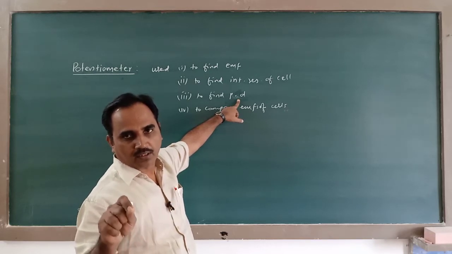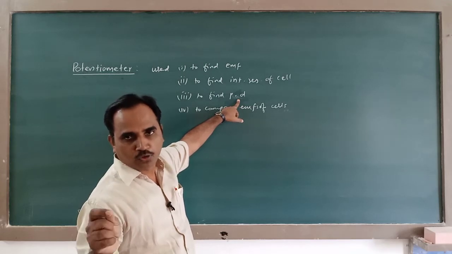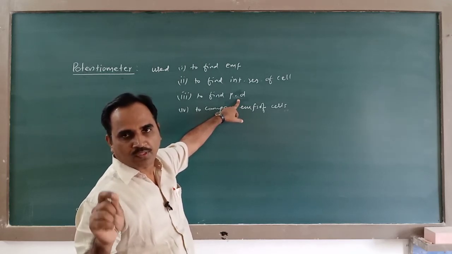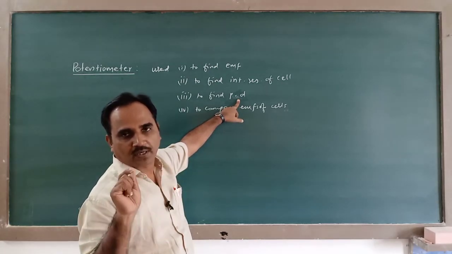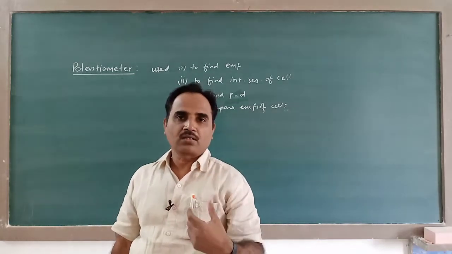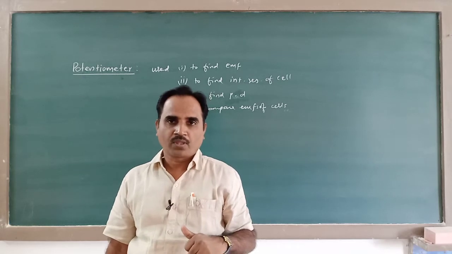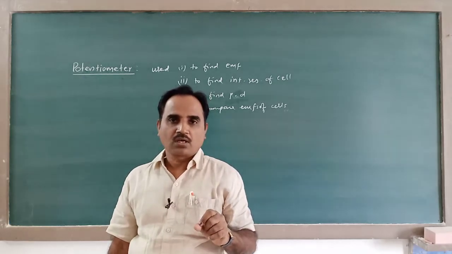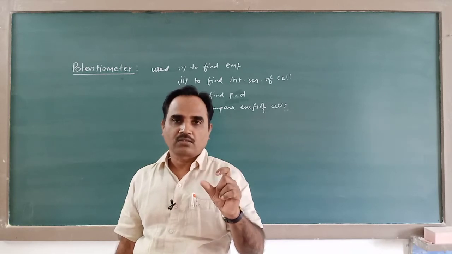The basic difference between a potentiometer and a voltmeter is, though both can be used to measure the potential difference, a voltmeter draws some current from the source and measures potential difference, whereas a potentiometer can measure the potential difference without drawing any current from the source.